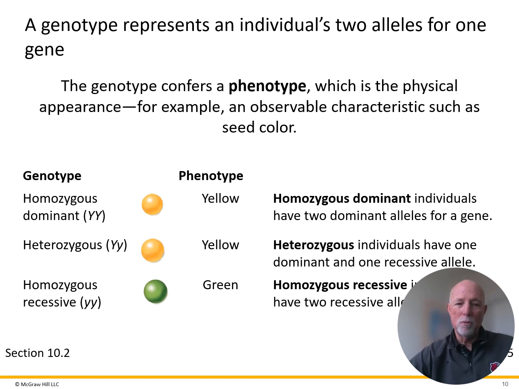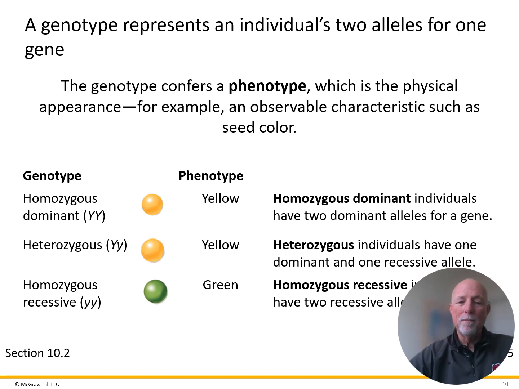We know that because we have capital Y's. See that? Yellow, yellow. Okay, so this is a plant that is homozygous. Both of them are the same. Dominant, dominant. Remember, there's two genes for every trait.